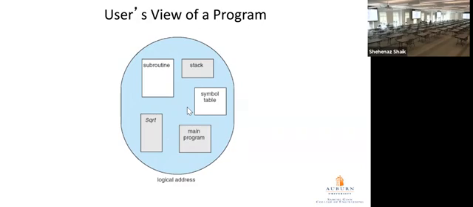Okay? So the different modules may grow or shrink over the execution time of a particular process. And accordingly, the user would expect that the memory is available and allocated to a particular process as required.